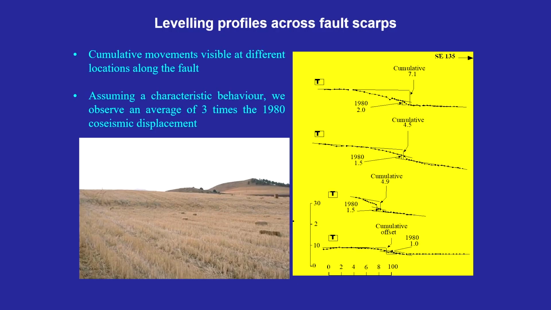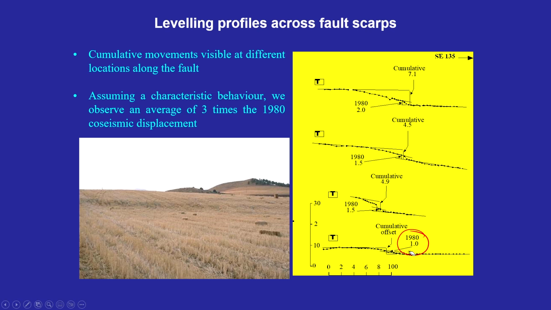So this is what has been shown here: you have 1.1 to 1.5 meters of displacement during 1905. So this was the scarp during 1980, sorry.